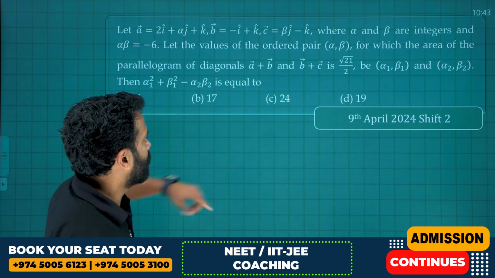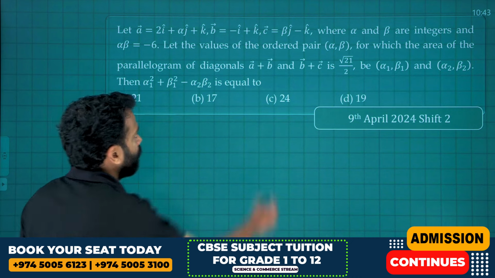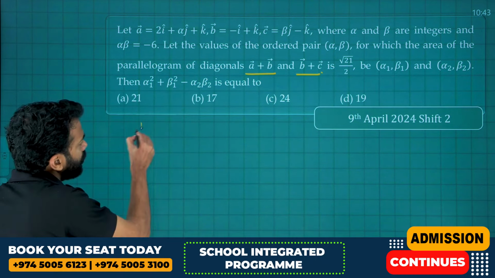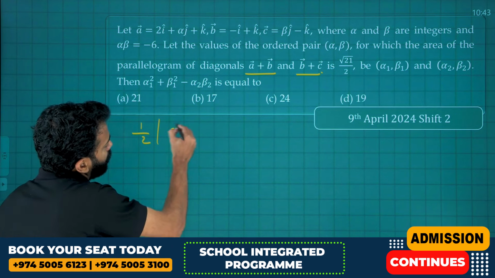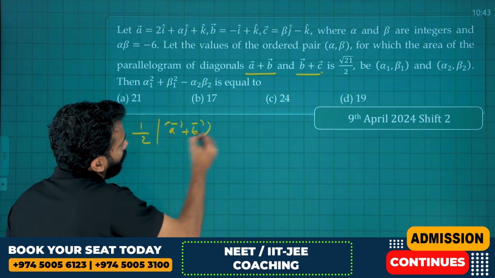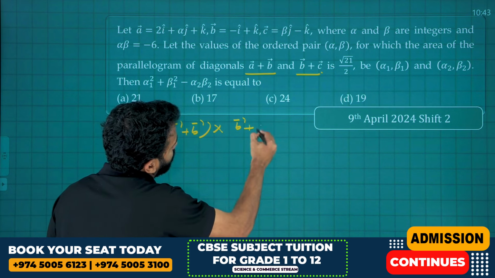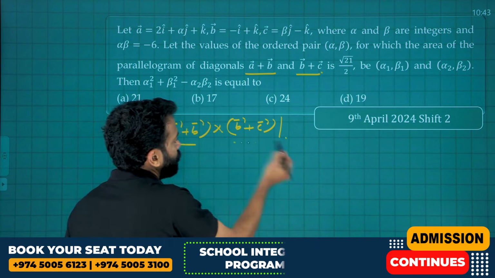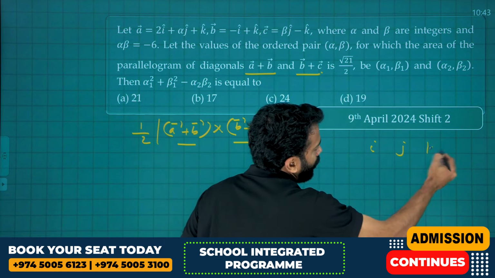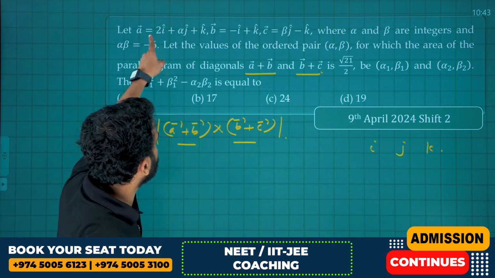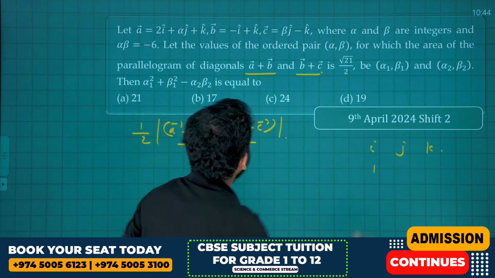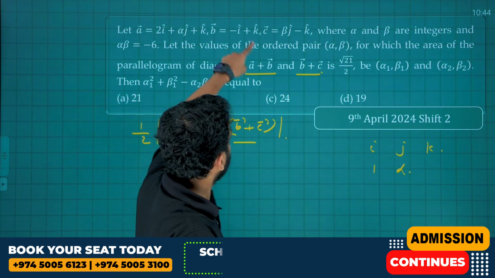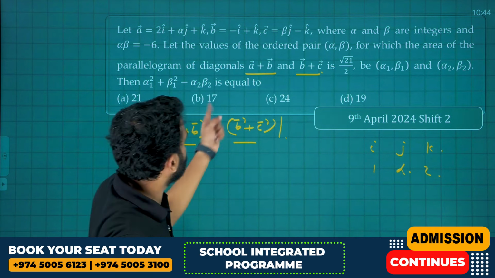So what is the area of a parallelogram with diagonals vector A plus vector B and vector B plus vector C? It is equal to half into magnitude of vector A plus vector B cross vector B plus vector C. We can do this here, crossing these two: i, j, k into what is vector A plus vector B? 2i, that is 2, alpha j is not here, therefore alpha k plus k. And what is vector B plus vector C?